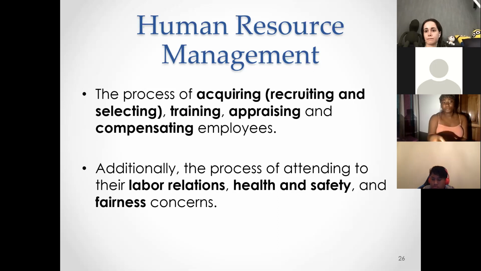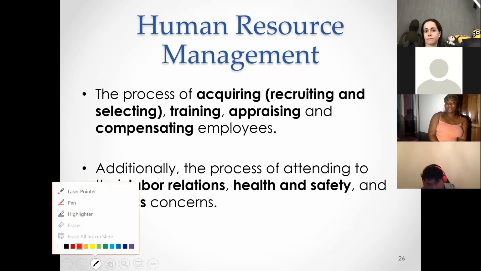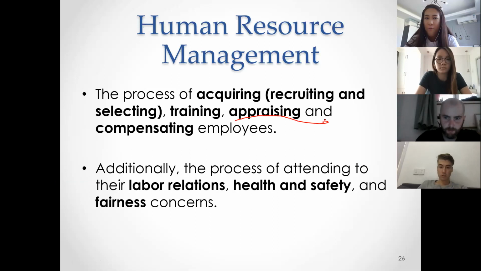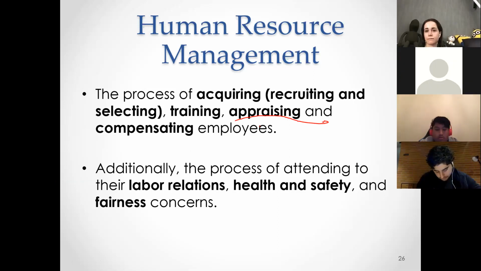Abigail, what are the 5 elements of HR? Recruiting, selecting, training, compensation, and evaluating. Recruiting, selecting, training, compensating, appraising. No, I said compensating, appraising. Okay, Rodrigo, what does appraising mean? Like applauding. I don't remember about your praising.